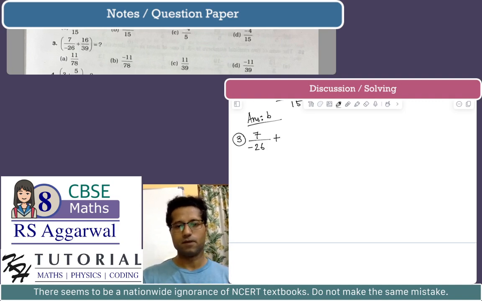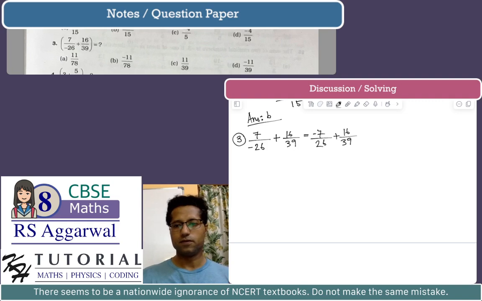So we have 7 by minus 26 plus 16 by 39. First we have to make the first rational number in standard form, that is, make the denominator positive. We just change the sign of the numerator. So it will become minus 7 by 26 plus 16 by 39.